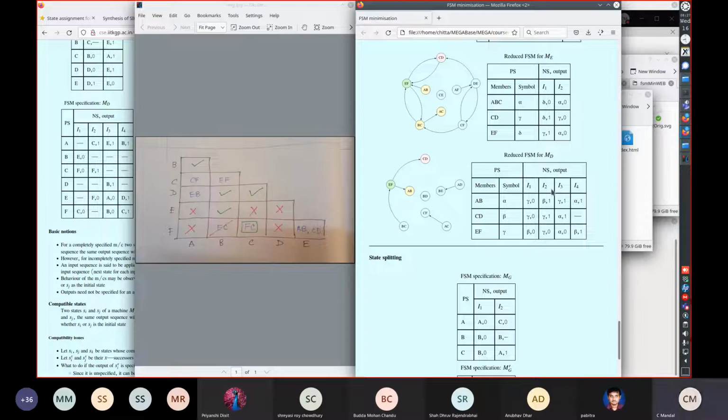Well, it is shown over here. AB, CD, and EF, these three form a closed set of compatibles.